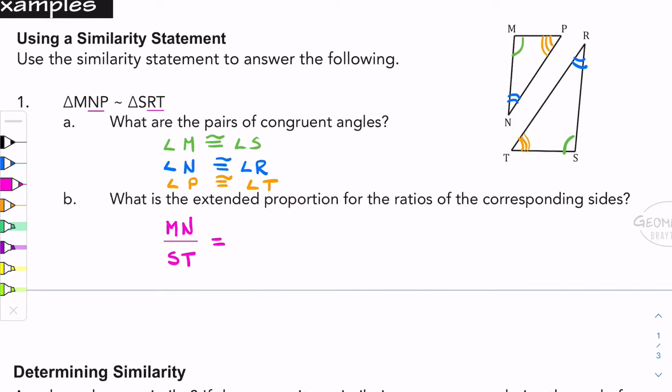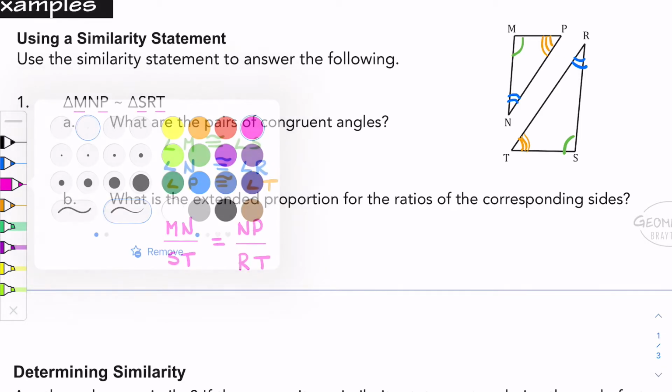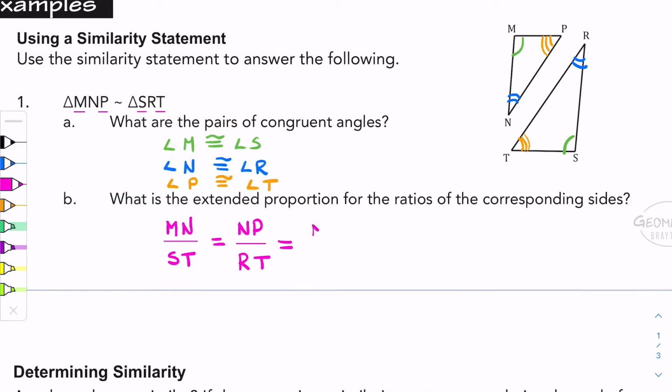So I have NP over RT. And the last set is going to be the first and last letter of each triangle. So my ratio will be MP divided by ST.